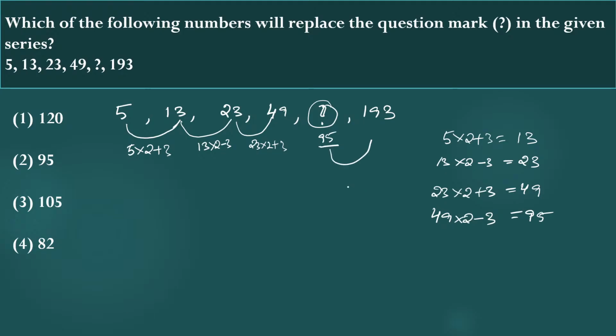So 95, check here: 95 into 2 we get 190, again plus 3, so 193. Yes, correct. So here, if you see, the pattern is into 2 plus 3, into 2 minus 3, into 2 plus 3.